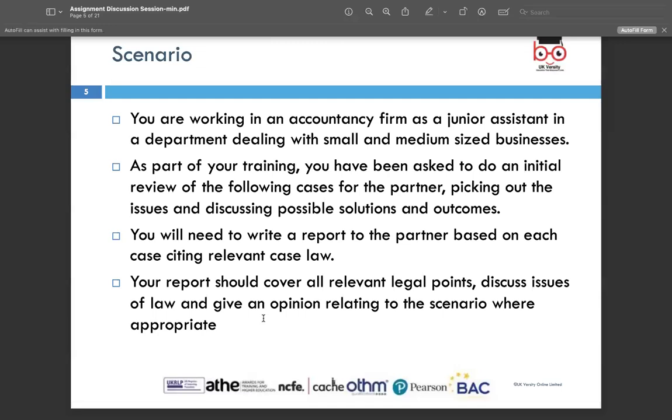So basically, you will need to write a report to the partner based on each case, citing relevant case laws. Your report should cover all relevant legal points, discuss issues of law, and provide an opinion relating to this scenario where appropriate. Okay.